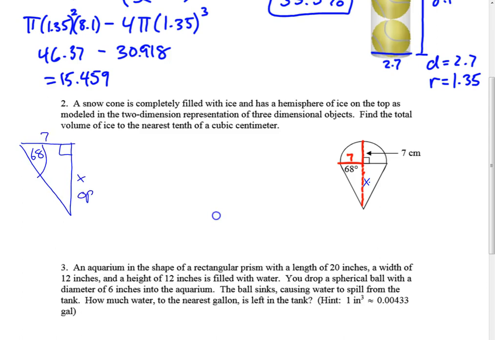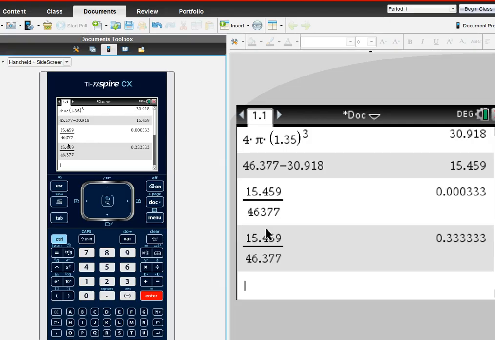This would be our opposite side, this would be our adjacent side. So the tangent of 68 would be x over 7, so the tangent of 68 times 7 is what we have going on here.